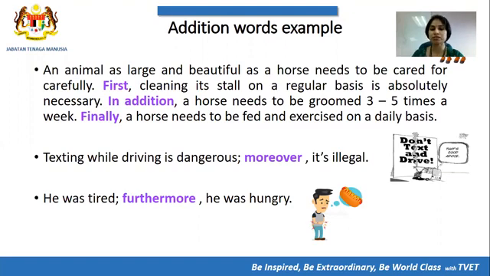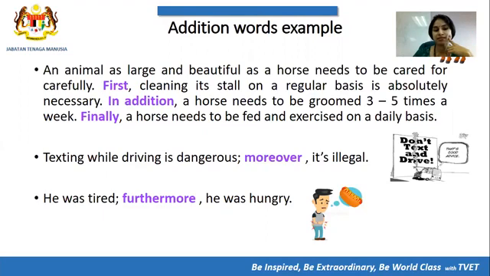Finally, a horse needs to be fed and exercised on a daily basis." So here you can see the sequence. First, you use "first" and then followed by "in addition," or you can use "next," and lastly or finally. So it will show the sequence, the process.